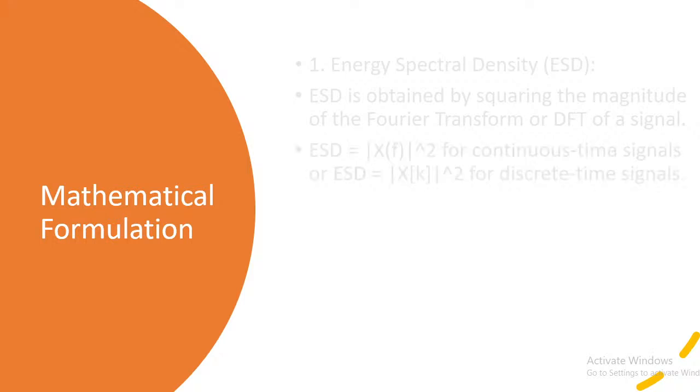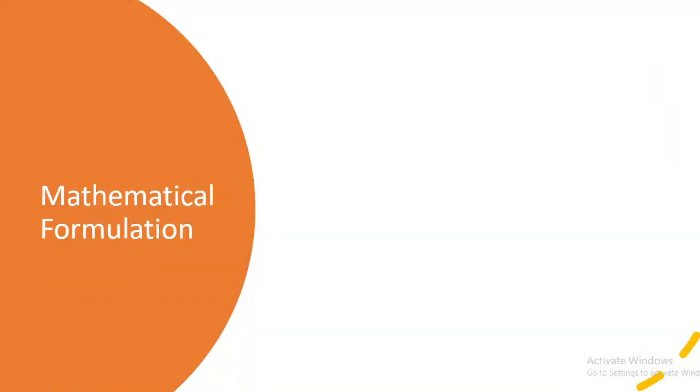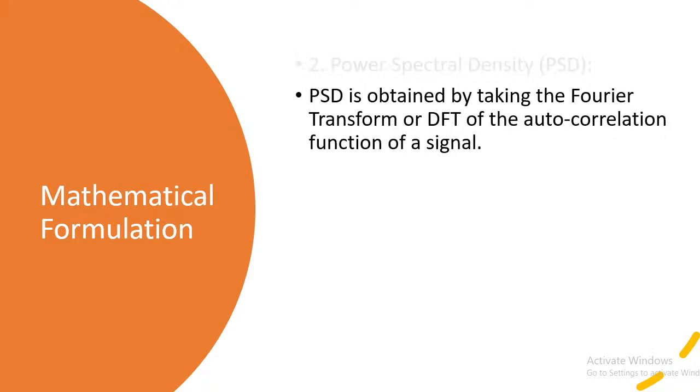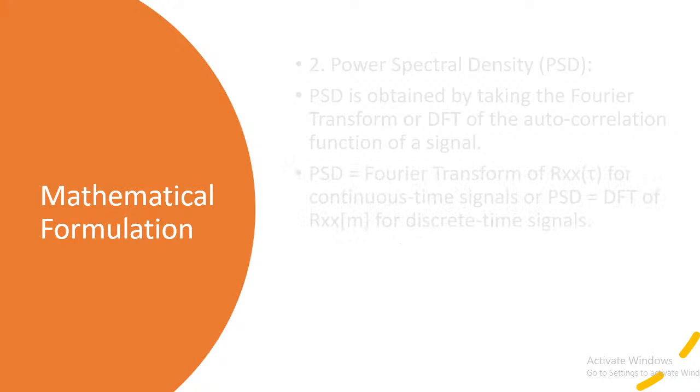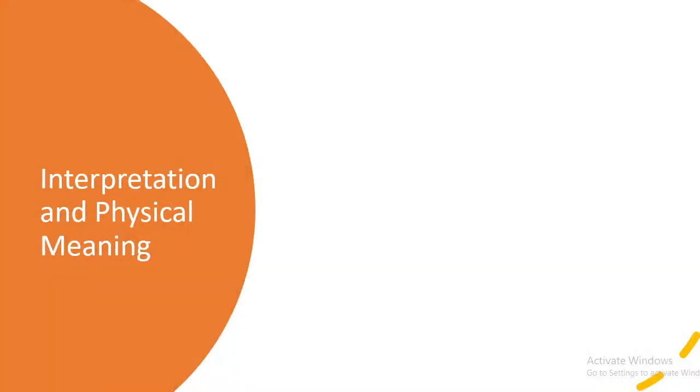But the power spectral density is based on the Fourier transform or DFT of the autocorrelation function of the signal. So the PSD is the Fourier transform of Rxx(tau) if it is continuous, or Rxx[m] if it is a discrete time signal.